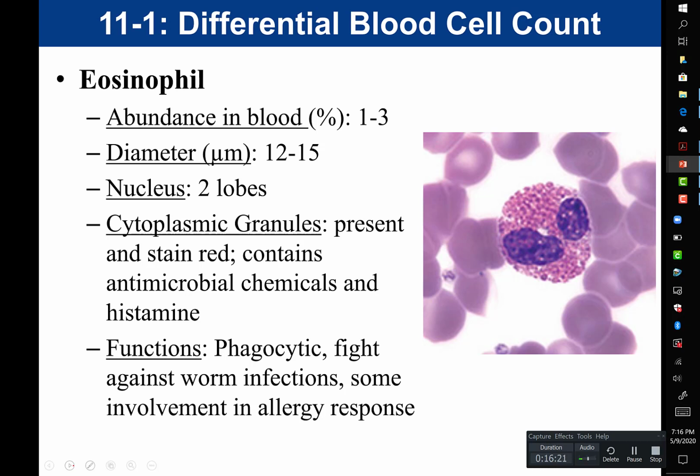In terms of the nucleus, it has 2 lobes. Notice it kind of looks like little alien eyes. Each of those little purple circles are going to be the lobes of the nucleus. Cytoplasmic granules are present and they stain red. The name eosinophil comes from the fact that eosin is a red dye, just like the granules are red.